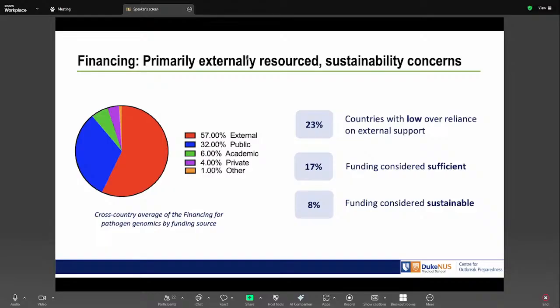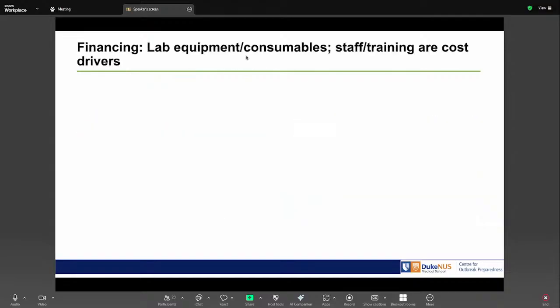That means 77% rely on external financial support. Only 17% considered that they had sufficient funding, and only 8% of the countries said they had sustainable funding for sequencing. So this is a big problem.